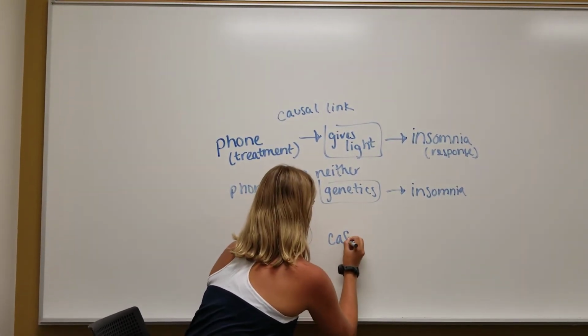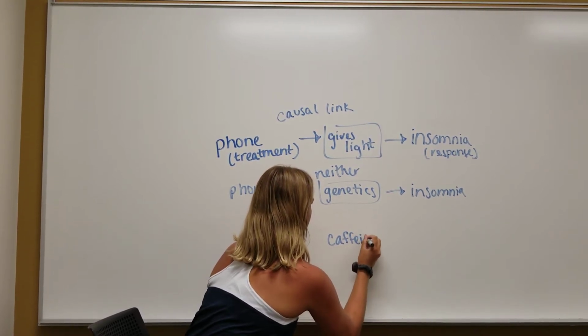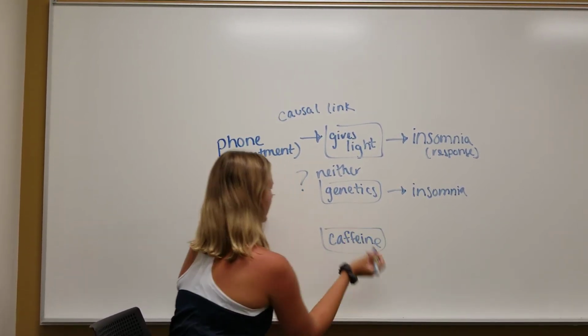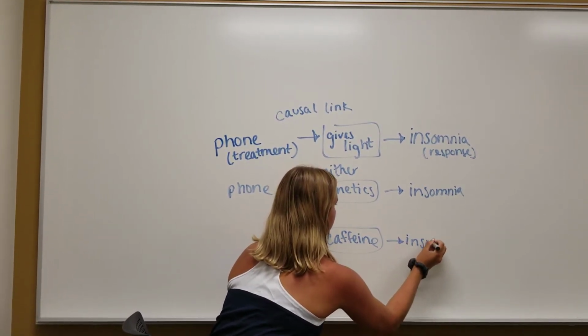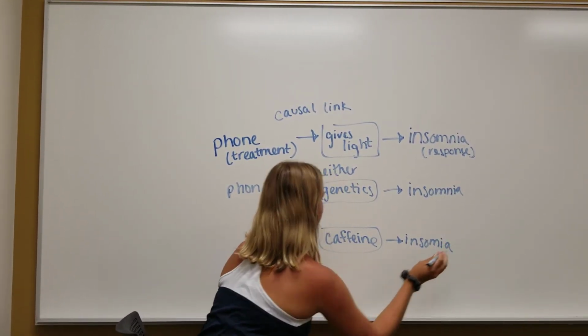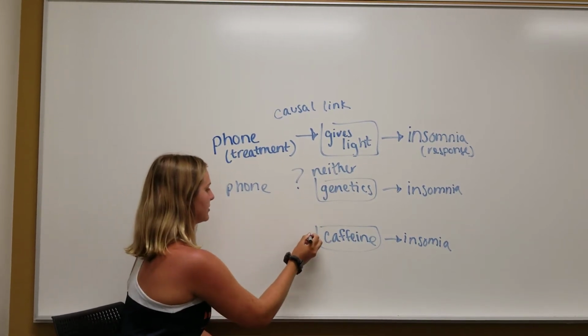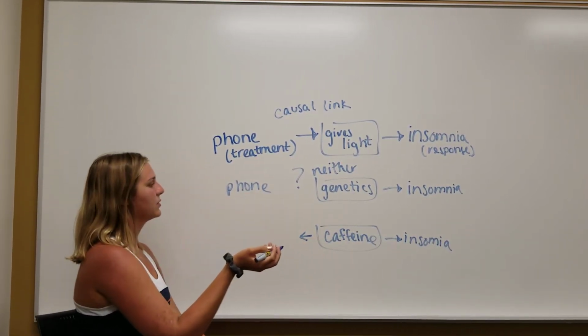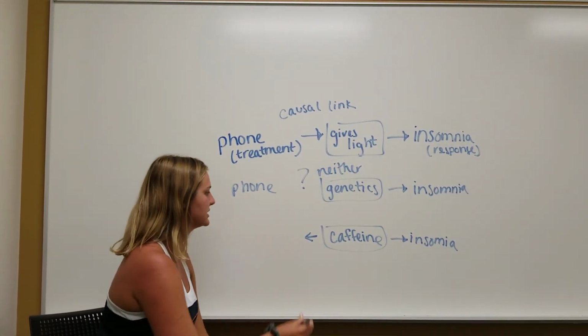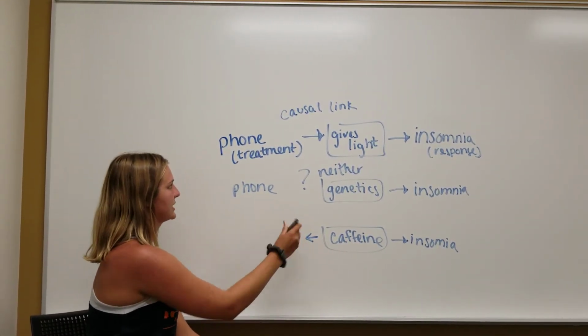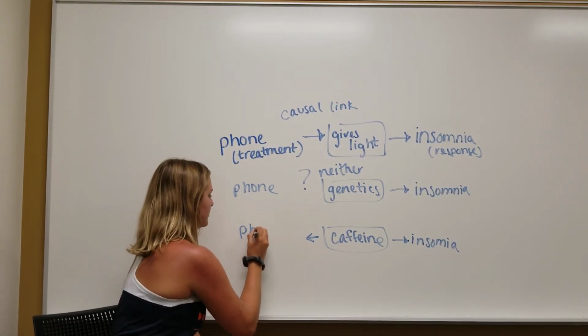But then a possible confounder we could say is caffeine. So we would put caffeine in the middle, and caffeine can directly lead to insomnia, which is the response group. But then we could say that people who drink caffeine are also more likely to sleep next to their phones. So caffeine also directly relates to phones, the treatment group.